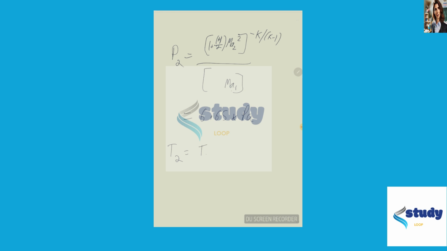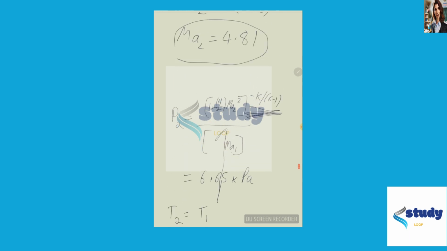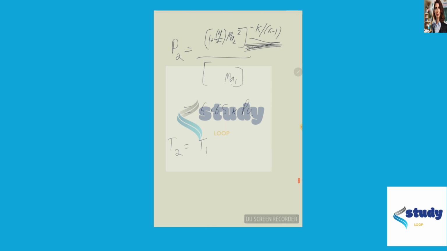It is very similar to the above equation, but you won't have the factor outside. It is T2 equals T1 times (1 plus Mach 1 squared times (k minus 1) by 2) divided by (1 plus Mach 2 squared times (k minus 1) by 2).